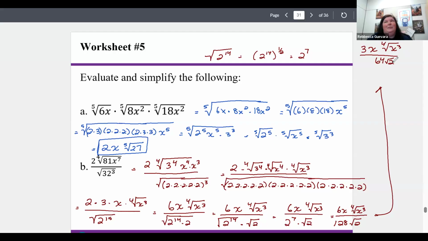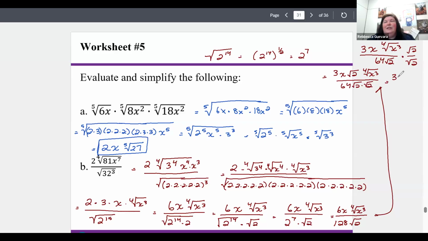All right, at that point, we're not done because we got that square root of 2, so we have to multiply by a square root of 2 over a square root of 2. So we end up with 3x times the square root of 2, fourth root of x cubed, over 64 times the square root of 2 times the square root of 2.